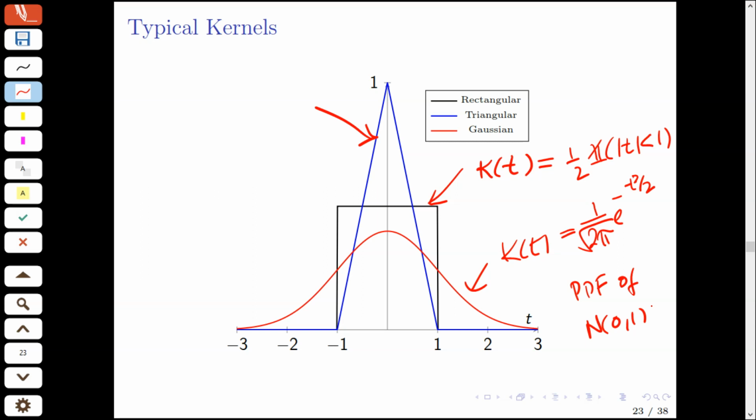But again, this weight is declining in the distance from our point of interest. Okay, so these were somewhat representative of the kernels available, but there are many more out there.